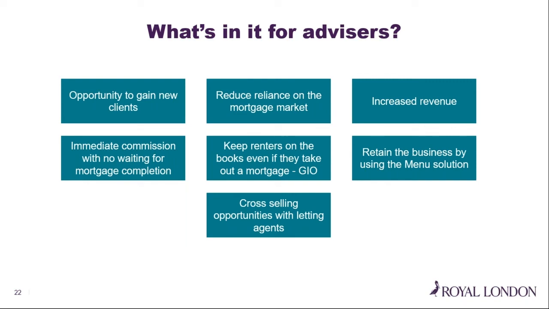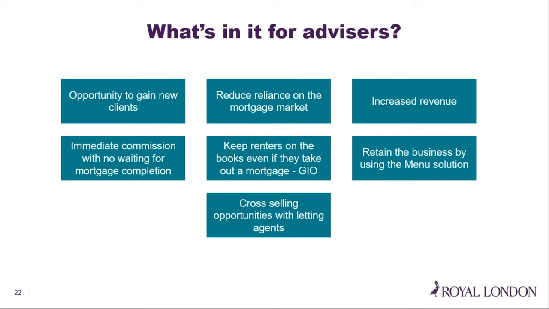Those landlords with multiple properties might have IHT concerns that you could advise them on. And landlords with limited companies could benefit from advice around relevant life policy. And of course, there will be some cross-selling opportunities for those of you on the call today who deal with general insurance.